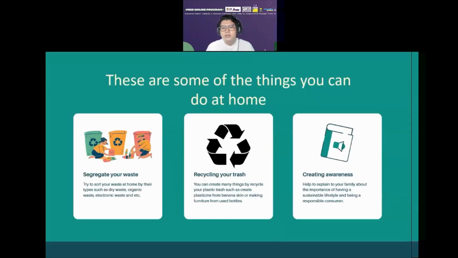These are some of the things that you can do at home to help reduce your waste, such as segregating your waste. You can divide your waste at home, such as into dry waste, organic waste, electronic waste, glass, paper, and so on.